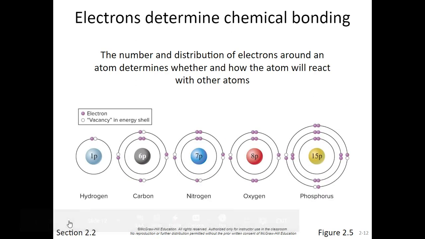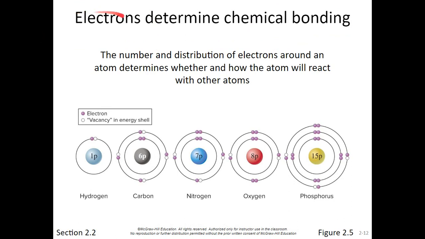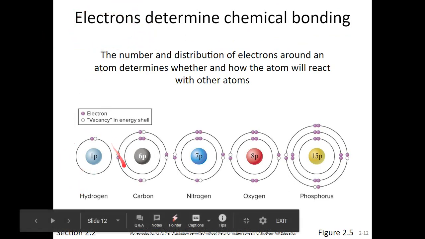Now, we talked about protons and neutrons to find mass number. We did not say anything about electrons. When you have chemical bonding, these people, your security guards, play a very important role. For example, you can see atomic number 1, atomic number 6, 7, 8, 15. This is phosphorus.